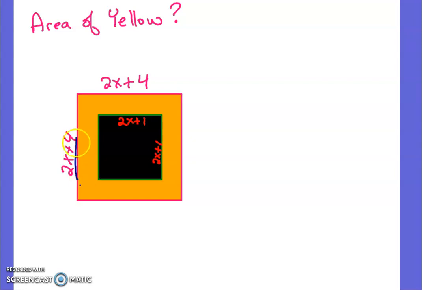Well, notice this side is 2x plus 4, this side is 2x plus 4, so that means the big square is the exact same measurement, so I know it is a square. And then notice the green box, I have 2x plus 1 and then 2x plus 1, so I know it's another square that's inside of the other square. So what I'm going to do is, there's a couple ways to do this. But one of the ways I want you to notice is, it's literally a square inside of a square.